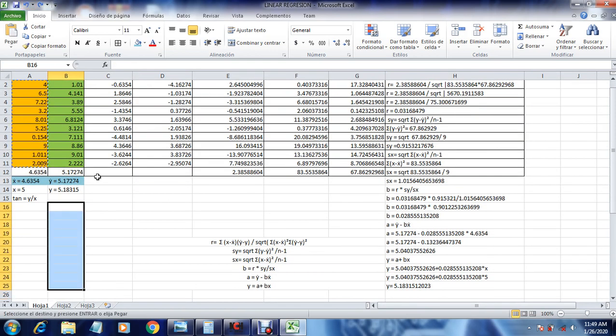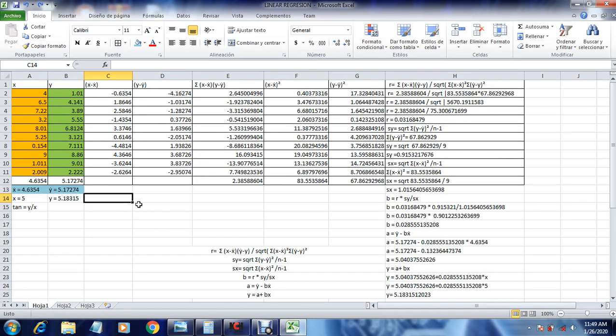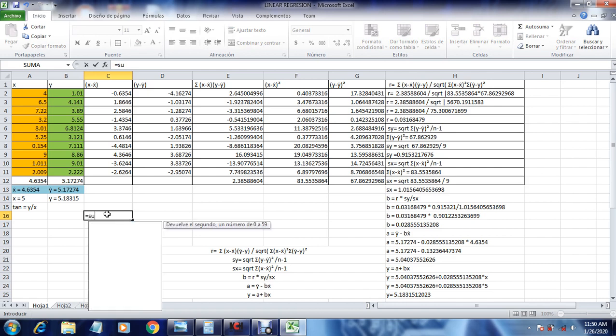And this means x minus the mean of x, telling Excel to subtract this from this.